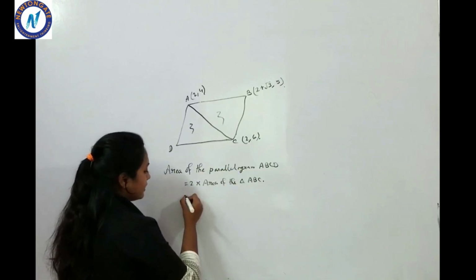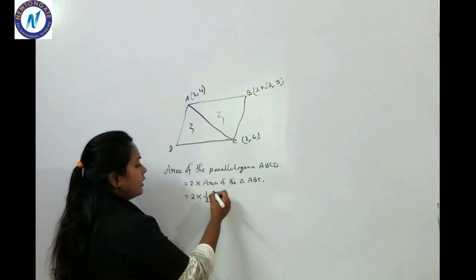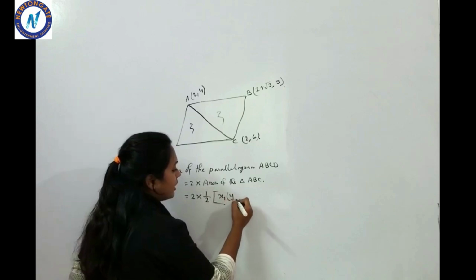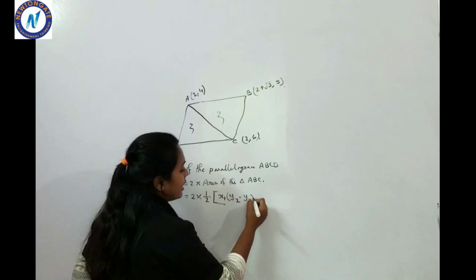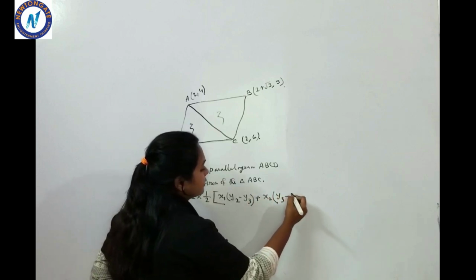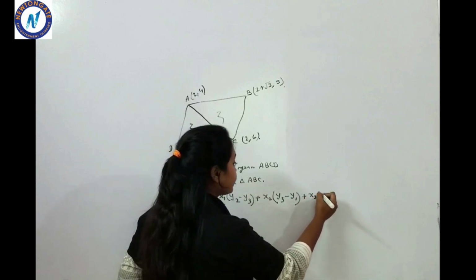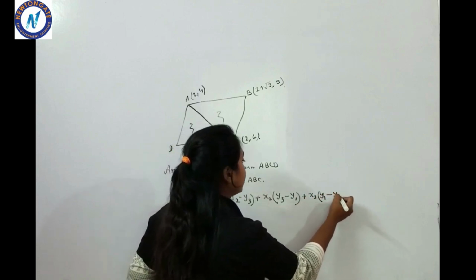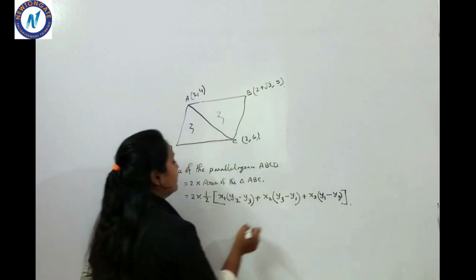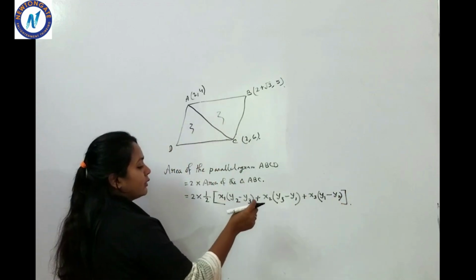Then 2 into half into x1 multiplied with (y2 minus y3) plus x2 multiplied with (y3 minus y1) plus x3 multiplied with (y1 minus y2). Then we put the values of x1, x2, x3 and y1, y2, y3.